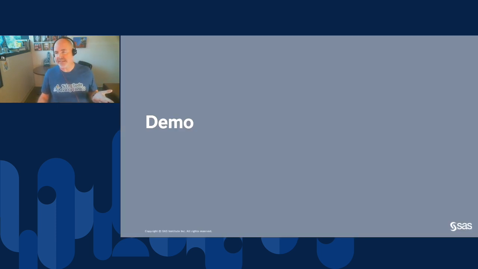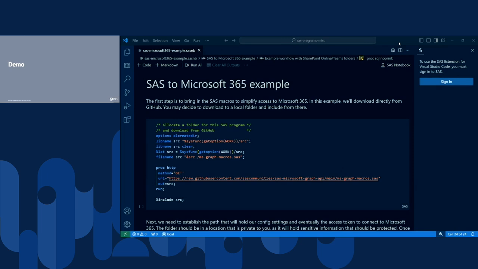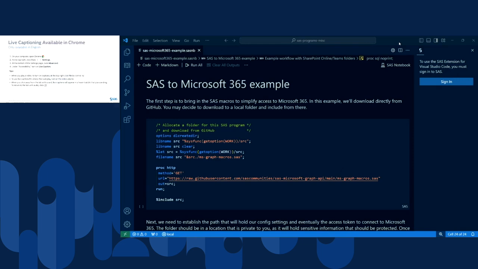Okay, well, let's get into the demo here and show what this looks like in action. Now, all the techniques that I'm showing you here work in any SAS environment that you might have. So it works in SAS 9, most recently SAS 9.4. It works in SAS Viya.